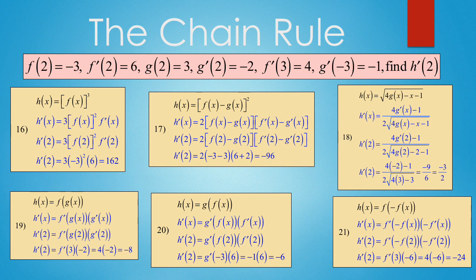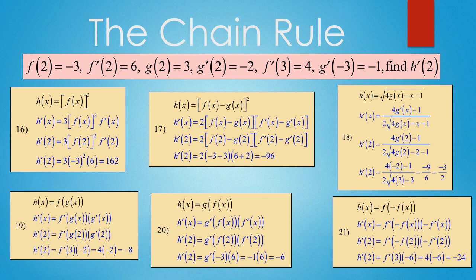Finally, 21 is f of negative f of x. Again, this is a composite function, and the derivative is f prime of negative f of x times the derivative of what's inside that parentheses, which is negative f prime of x. So this becomes f prime of negative f of 2 times negative f prime of 2.